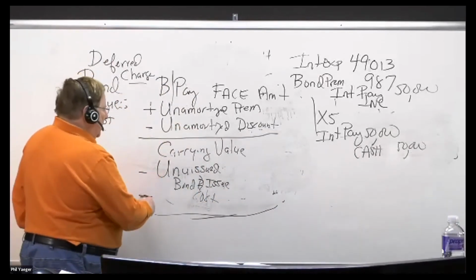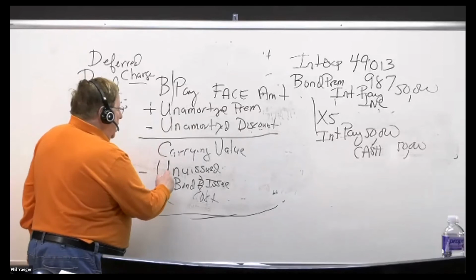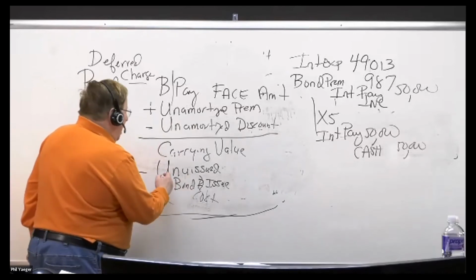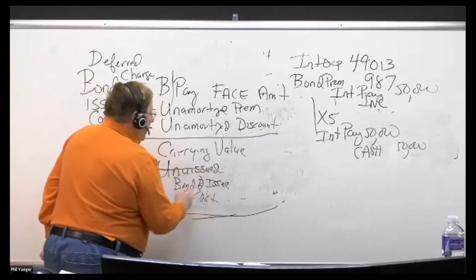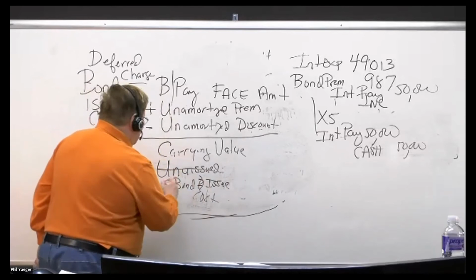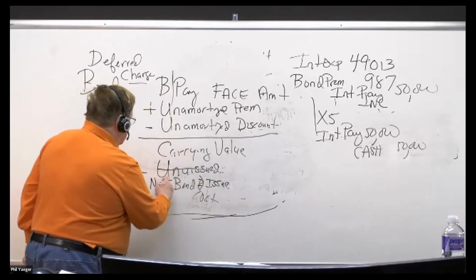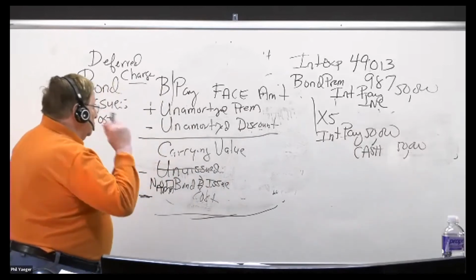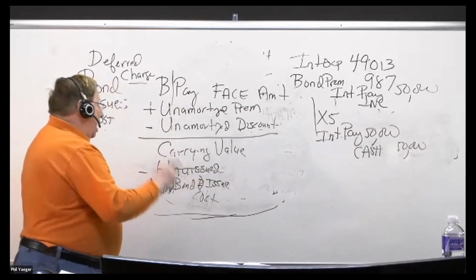Now, if you have bond issue costs that are still not amortized, you're going to amortize these bond issue costs on a straight line basis over the life of the bonds.